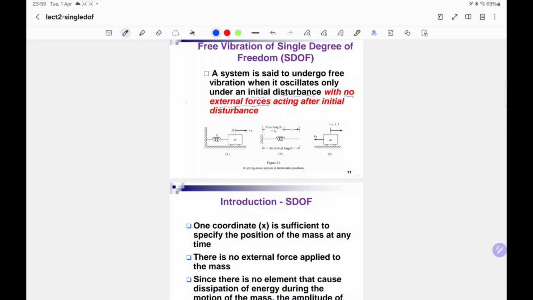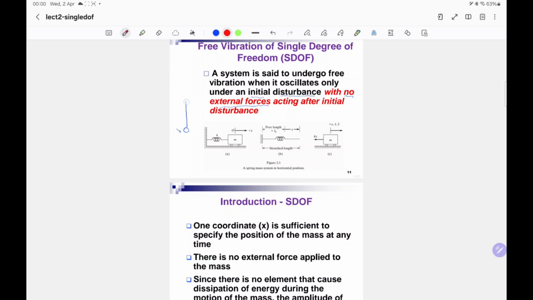So if I draw this pendulum, free vibration means we give it an initial disturbance. So I push this pendulum counterclockwise.